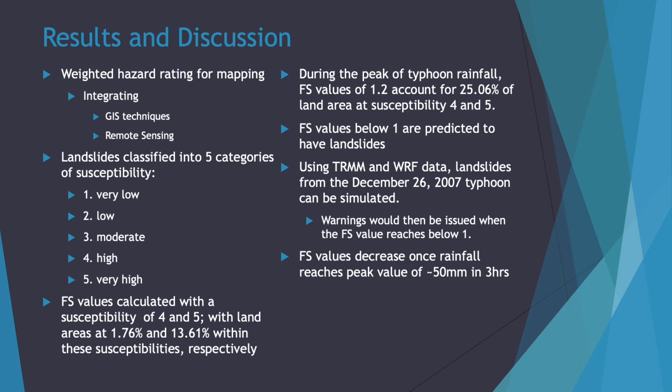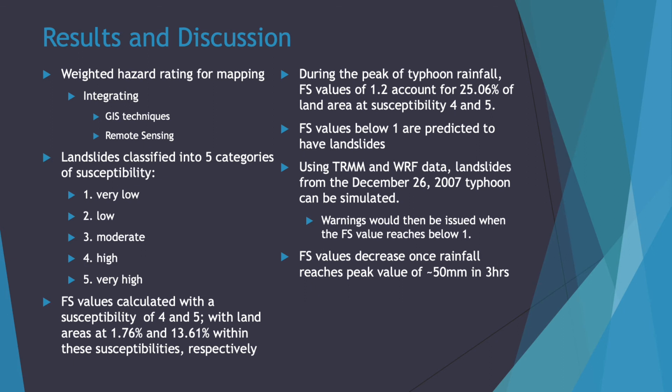When FS values were calculated with a susceptibility of 4 and 5, it was observed that 1.76% of land area fell within susceptibility category 4, and 13.61% within susceptibility category 5.